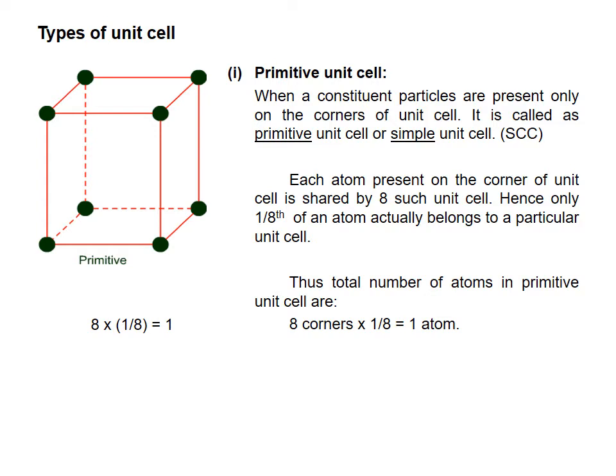Each unit cell has 8 corners, and each corner has 1/8 part of an atom. Hence, the unit cell has 8 × 1/8, which equals 1 atom. Thus, the total number of atoms present in the primitive unit cell is 1 atom.